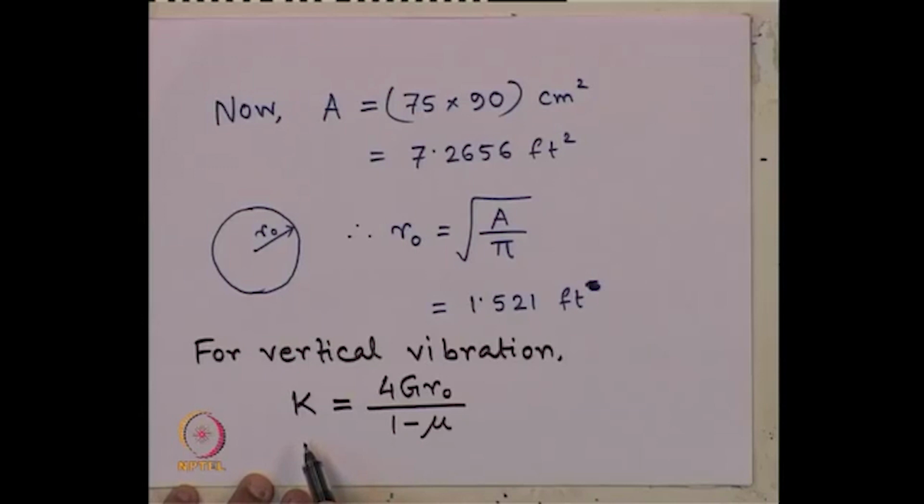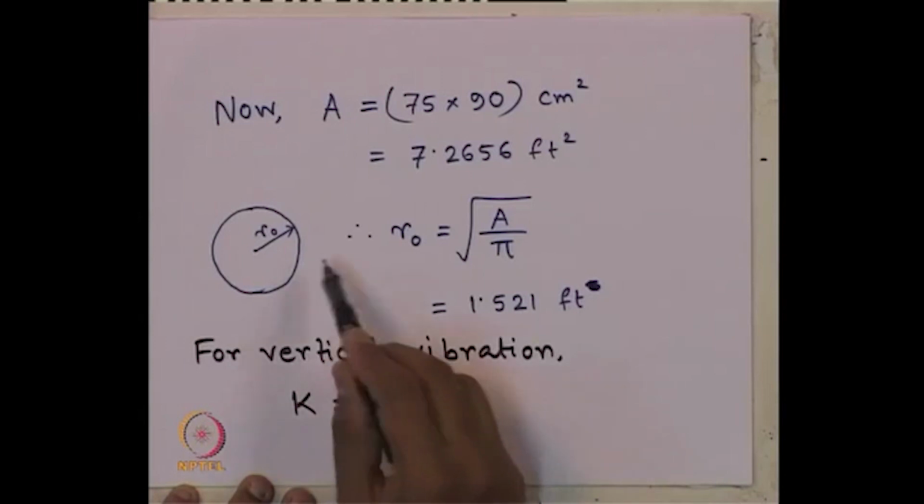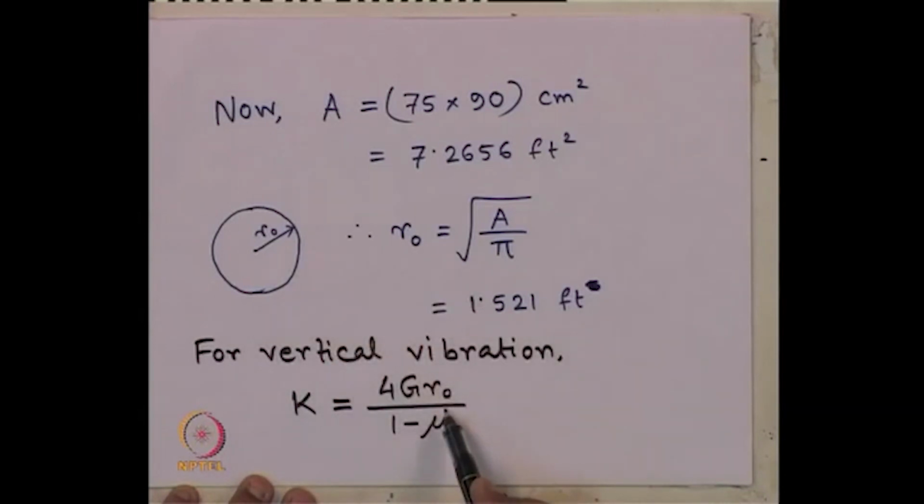The stiffness of the system is calculated in terms of the size of the foundation and the soil properties. Here, G is the shear modulus of the soil, R naught is this equivalent radius of the circular foundation, and mu is Poisson's ratio of the soil.